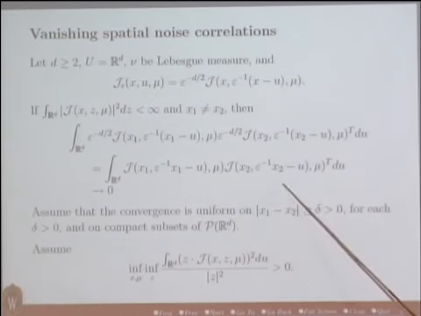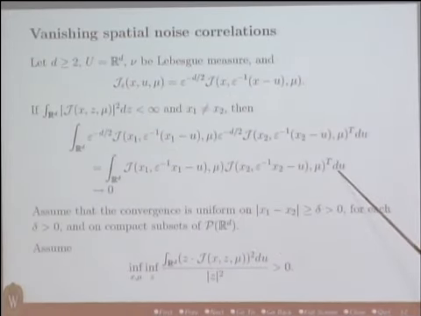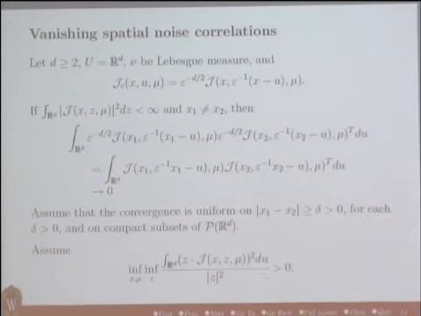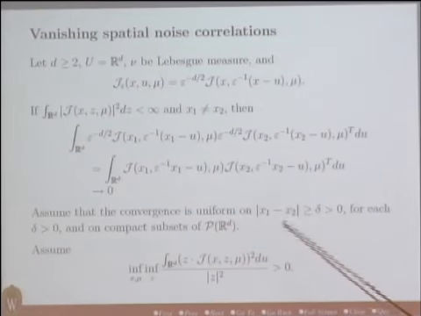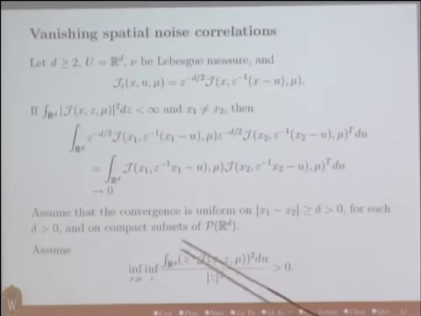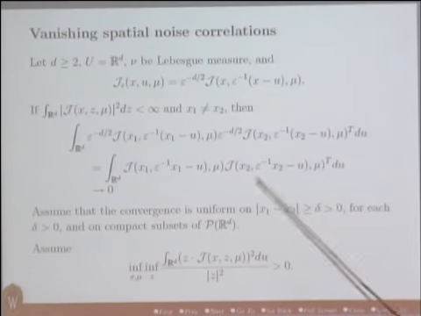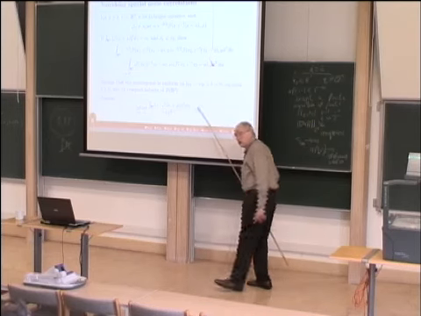and it's not hard to see that as long as x1 is not equal to x2, as epsilon goes to 0, this integral goes to 0. Okay? And now what I'm going to assume is that that limit is in fact uniform as long as I keep x1 and x2 some distance apart and on compact sets in the measure. Then I need a non-degeneracy condition.